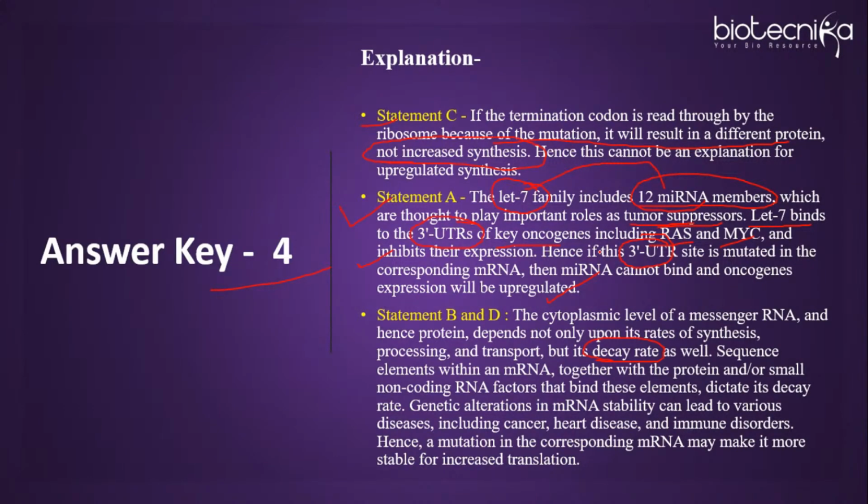And not only that, we have many diseases in which we have found that due to some alterations in mRNA stability, it has led to cancer, heart diseases, as well as immune disorders. Hence a mutation in the corresponding mRNA may make it more stable for increased rate of translation.